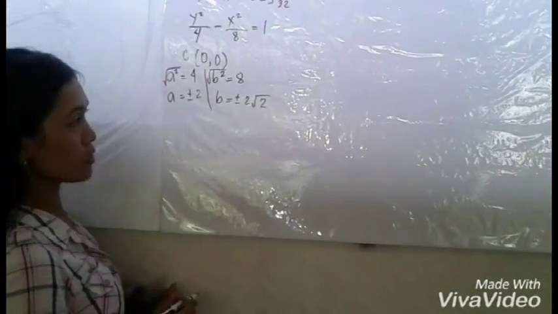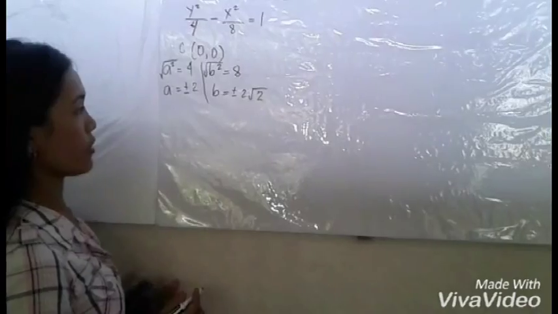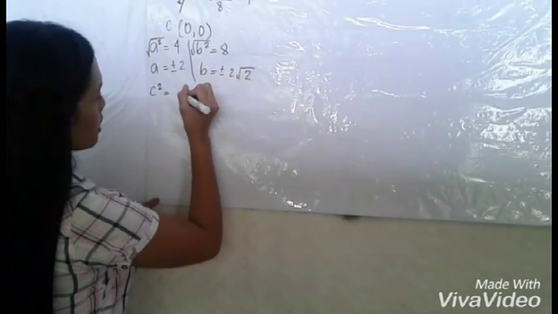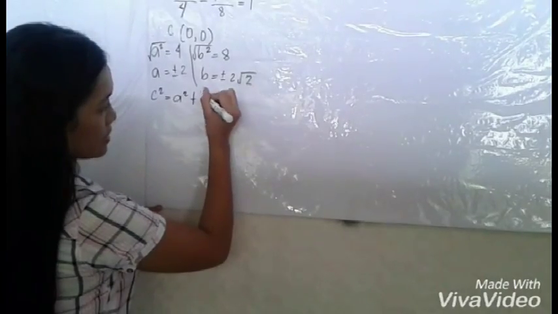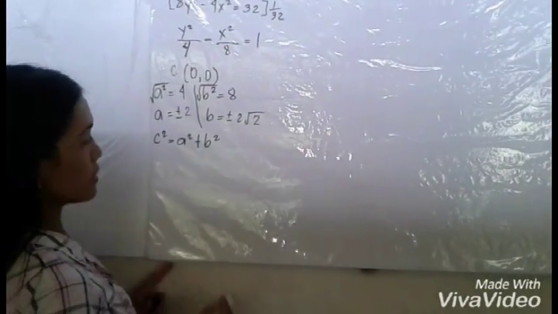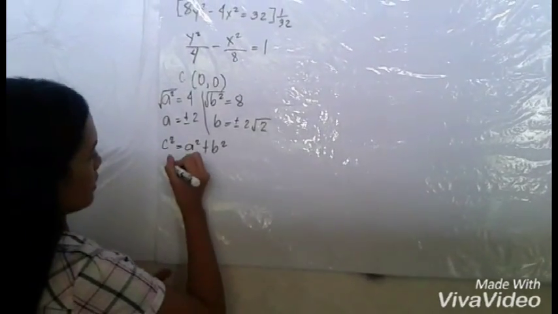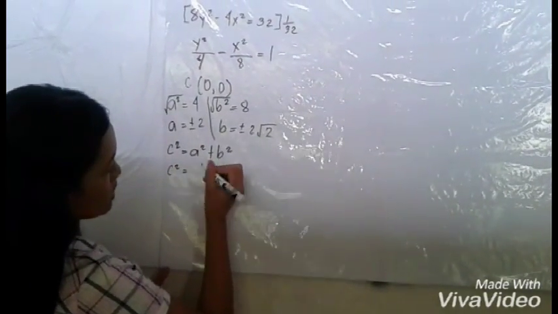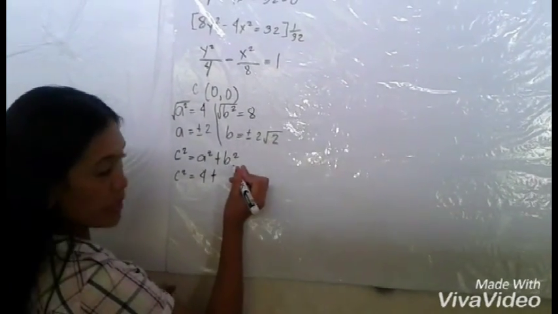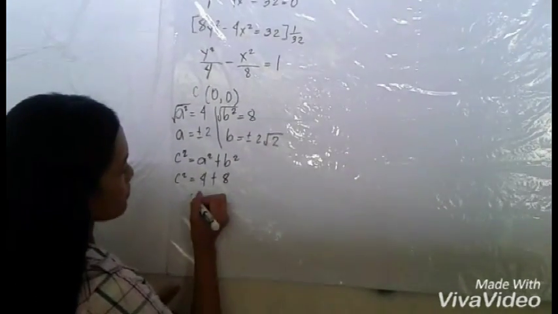To find our foci, we use the Pythagorean theorem: c squared is equal to a squared plus b squared. Substituting, c squared equals the value of a squared, 4, plus the value of b squared, 8.